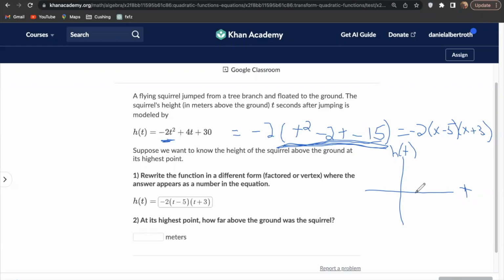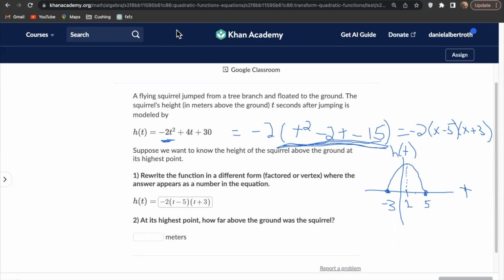So what's the distance between 5 and negative 3? That distance is 8. If I go halfway, that's going to give me the vertex. So the vertex is when t is 1. After 1 second, the squirrel reaches its maximum height.